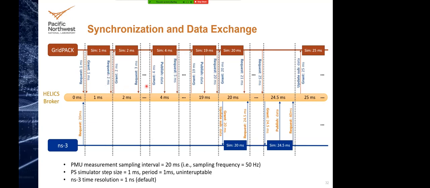This goes on until, at one point, it requests a 20 millisecond time step. At this time, the HELICS broker will see that both ns-3 and GridPACK request this time step, so it will grant this to both of these simulators. At that time, GridPACK and ns-3 can do their work respectively for this time step, and this continues until the end of the co-simulation.